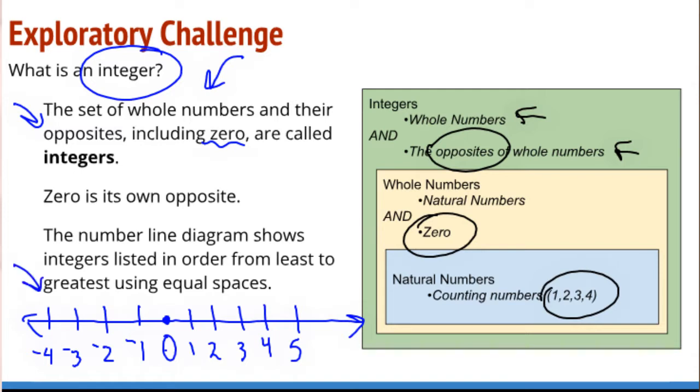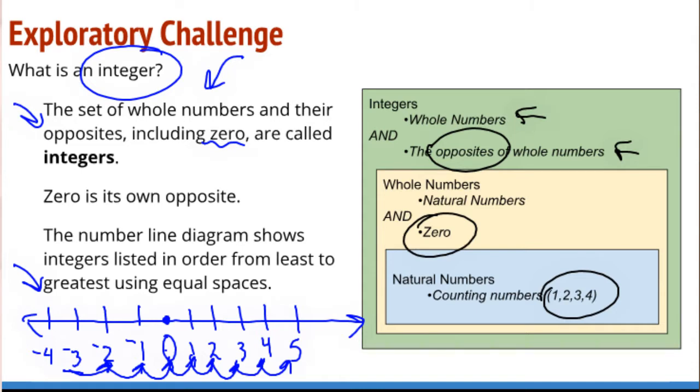So -4 is the least on my number line. -4 is less than -3, and -3 is less than -2, and -2 is less than -1, and -1 is less than 0. And 0 is less than 1, and 1 is less than 2, and 2 is less than 3, and 3 is less than 4, and 4 is less than 5.